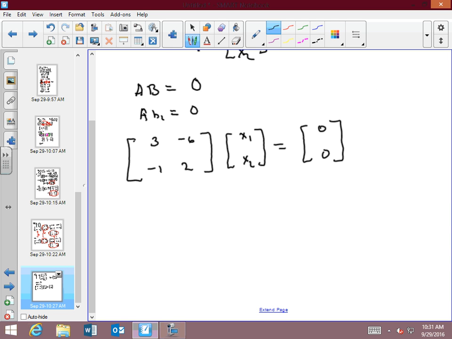So what this is saying is that 3x1 minus 6x2 has to equal 0, and minus x1 plus 2x2 has to equal 0.